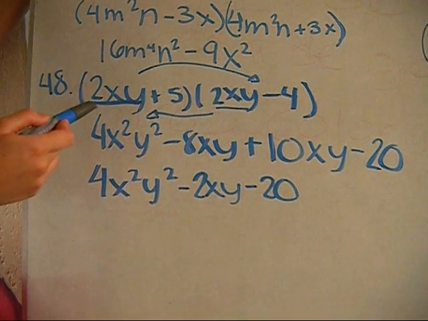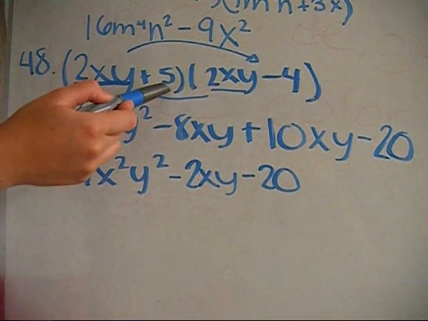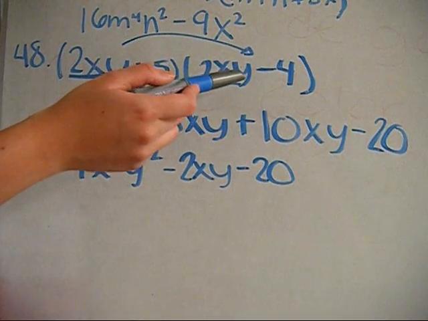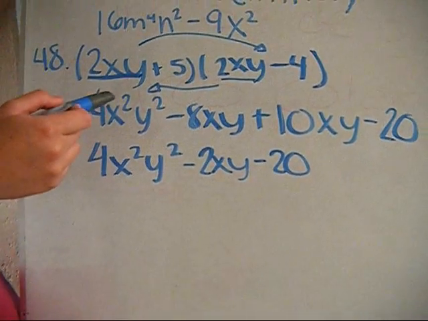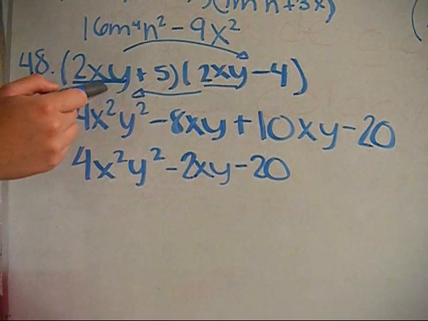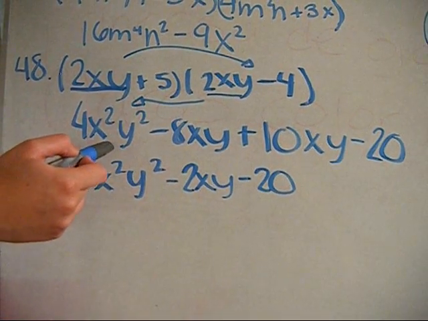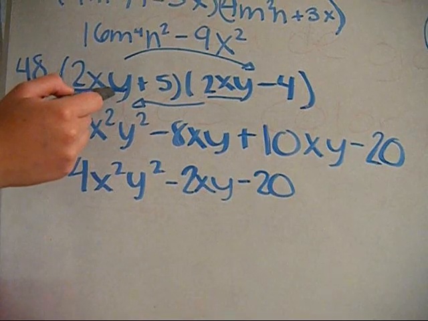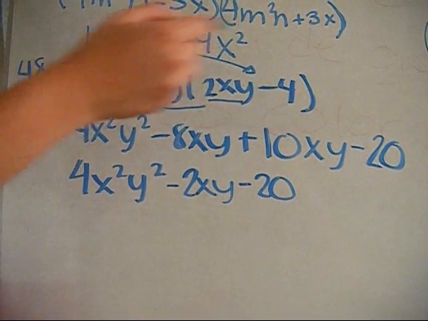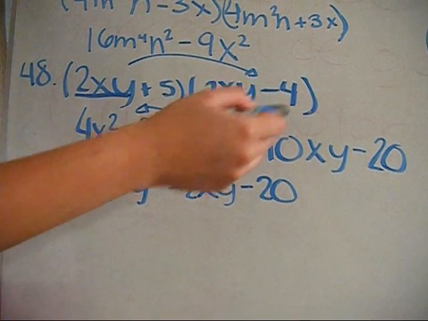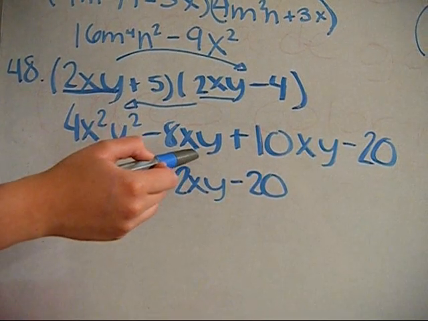Our next problem is 2xy plus 5 times 2xy minus 4. We are going to multiply 2xy times 2xy. So we are going to have 4x to the second, y to the second. And then we are going to multiply this times the last number, that is negative 4, to have negative 8xy.